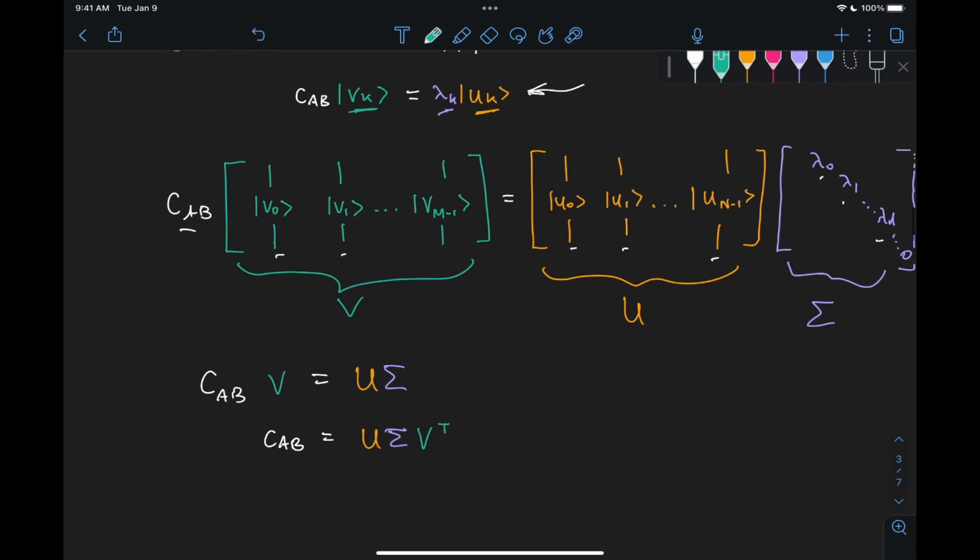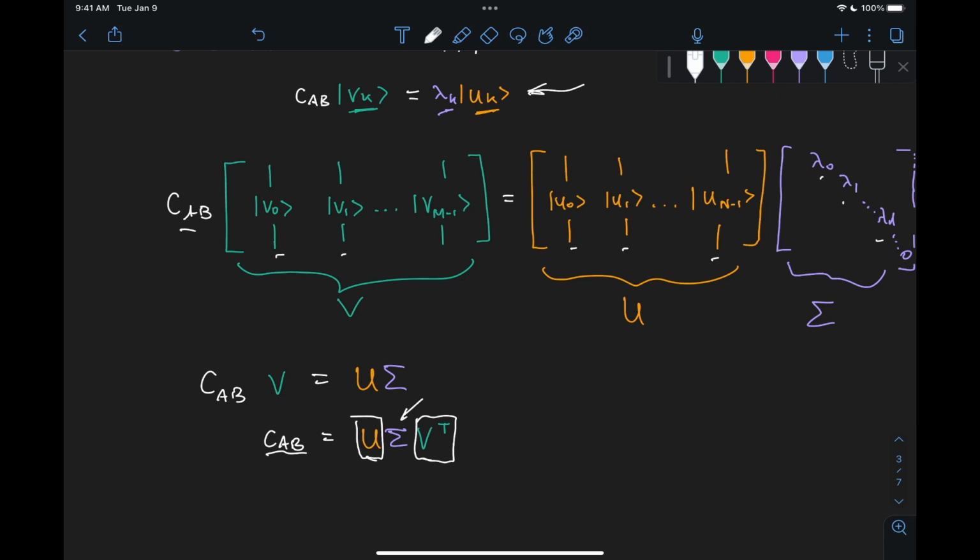So basically what we're saying here is that now that we have organized the elements of our state in a matrix that we call CAB, we want to express that matrix as three separate matrices, one that is composed of orthonormal states in the space of subsystem A, one that is composed of orthonormal states in the space of subsystem B, and some matrix that links the two of them.